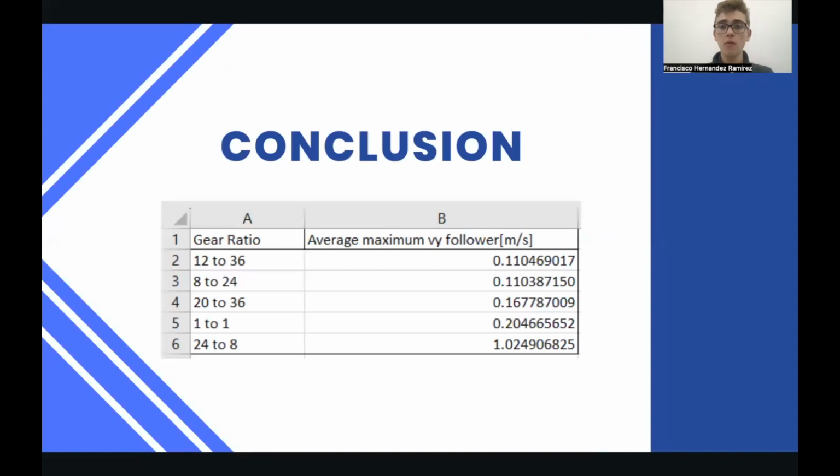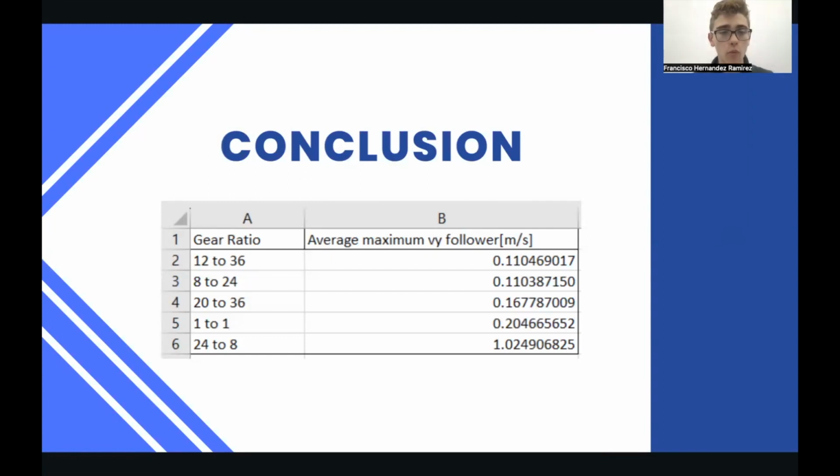Finally, the objective of our experiment was to determine whether, as the rotational velocity of the cam got higher, the maximum velocity of the follower was higher. And as we can see, with the smaller gear ratios, the average maximum velocity of the follower is indeed smaller.